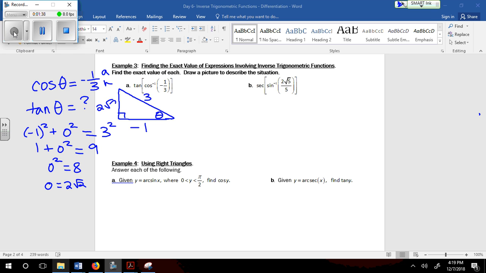So 2 root 2 is opposite of theta. And so we can find tangent of theta by doing opposite over adjacent. So tangent of the theta that is unknown will be 2 root 2 over negative 1. So negative 2 root 2 is the final answer.